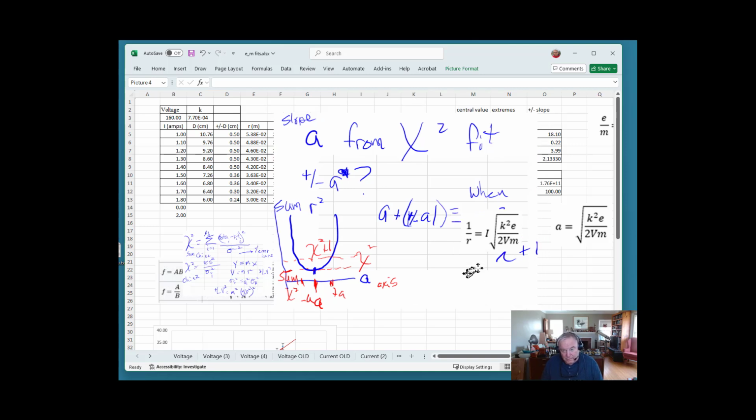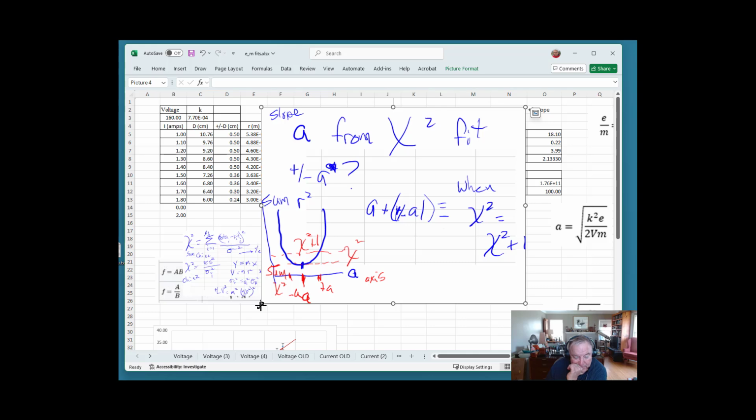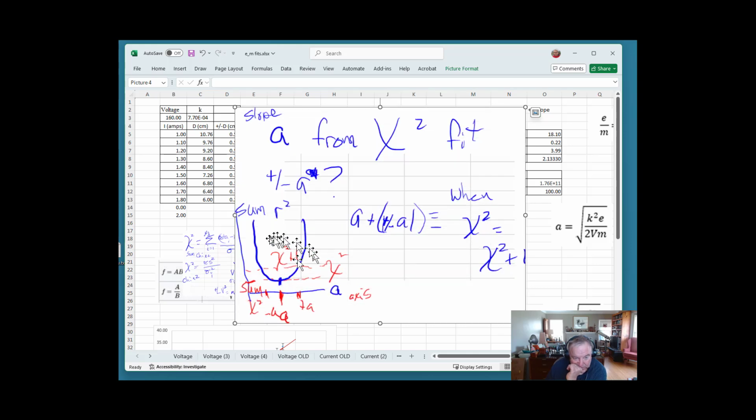And look at that. The way it's defined is, this graph should look familiar for the sum of the reduced chi-squared. And now there's a graph like this for the slope and the y-intercept.